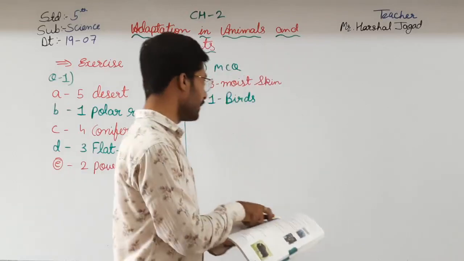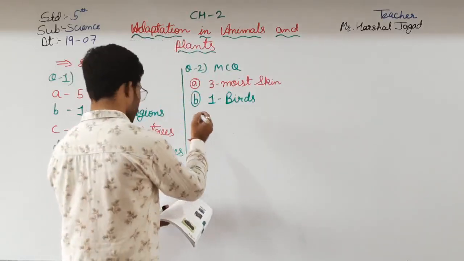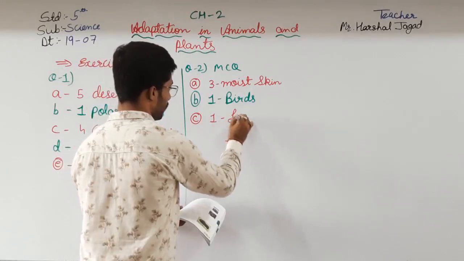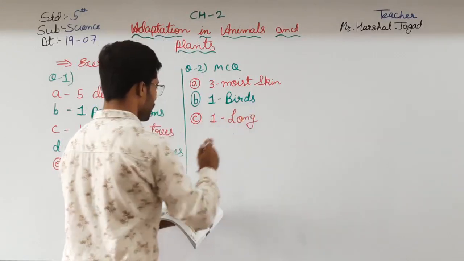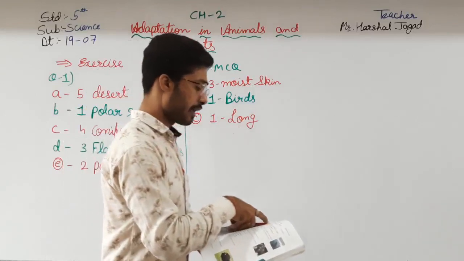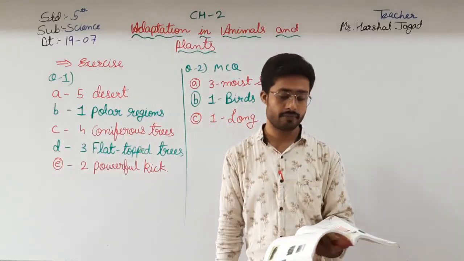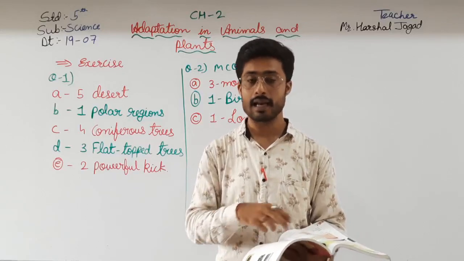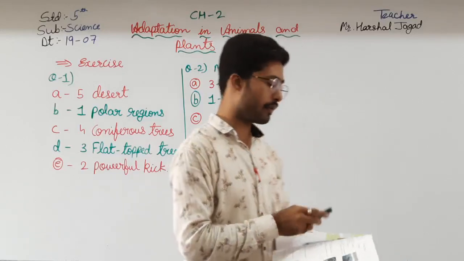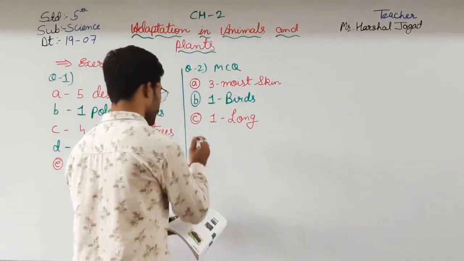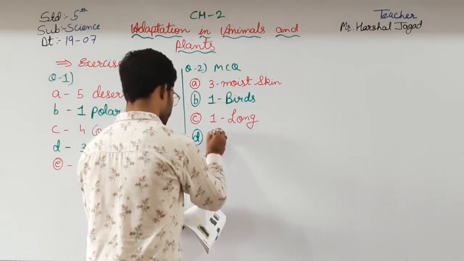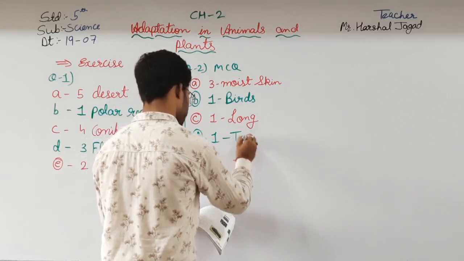Then here it will be first one, that is long. Then after D, that is the yak is the beast of burden in dash, Tibet, Atacama desert or Kalahari desert. So here it will be 1, D, that is 1, Tibet.